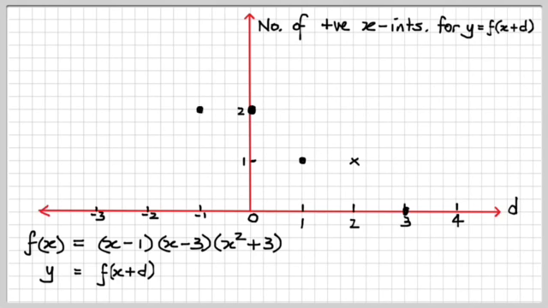Try a few more values. If d was minus 1, well, that's effectively moving the graph over to the right, so you preserved your 2 positive x-intercepts there, and in fact for any negative value of d that's the case. You can see, now you start to build up the graph. There it is, okay? So you can see you've got 2 positive x-intercepts where you've got anywhere along this line, okay?